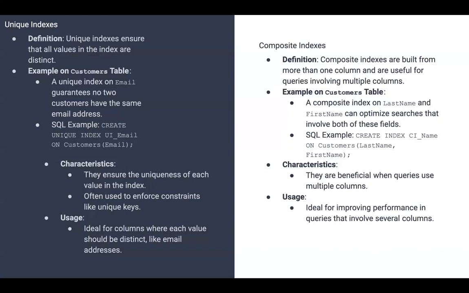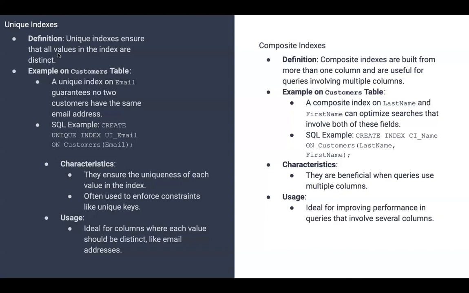Now, let's see what composite indexes are. Composite indexes are built from more than one column, and they are useful for queries involving multiple columns. For example, we can create a composite index on last name and first name. A composite index on last name and first name can optimize searches that involve both of these fields.